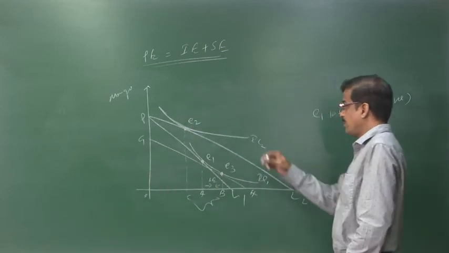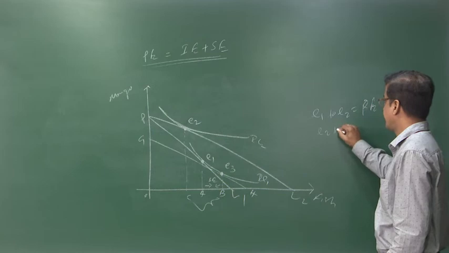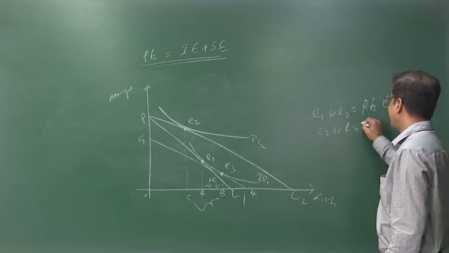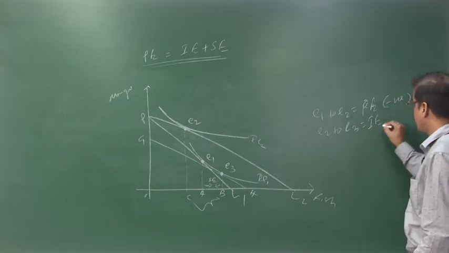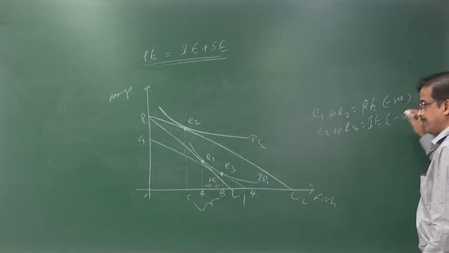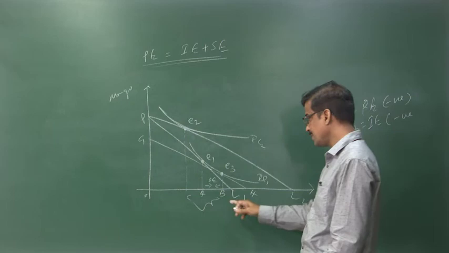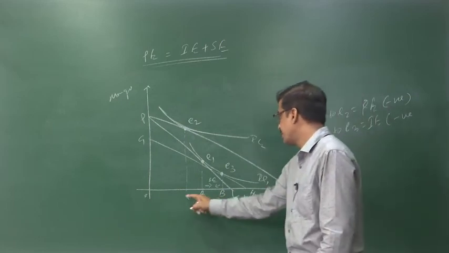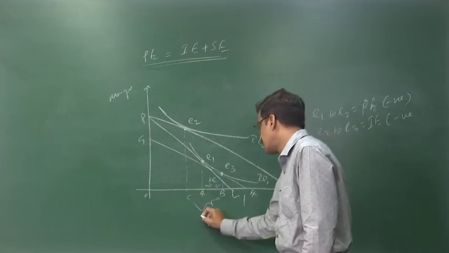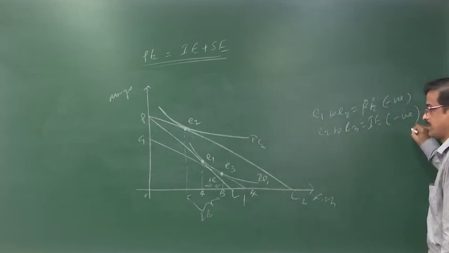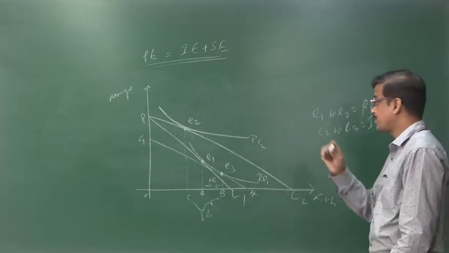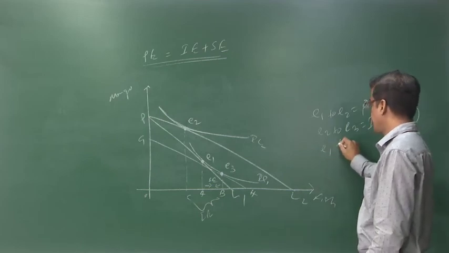The movement from E2 to E3 is called the income effect, and it is negative, that is the BC amount. The negative income effect is here, but the substitution effect is always positive, E1 to E3.